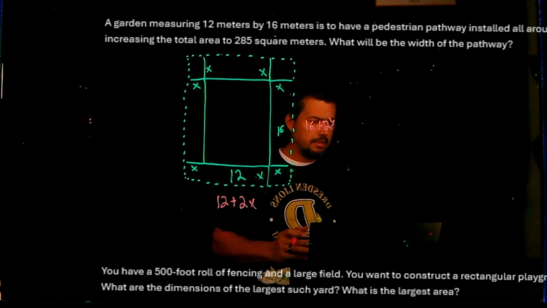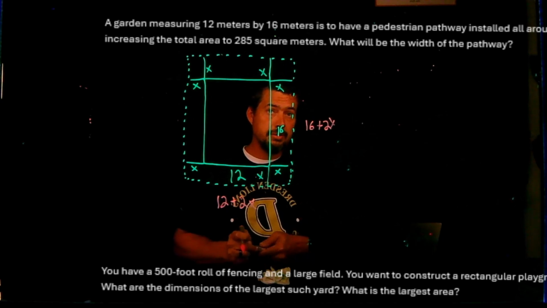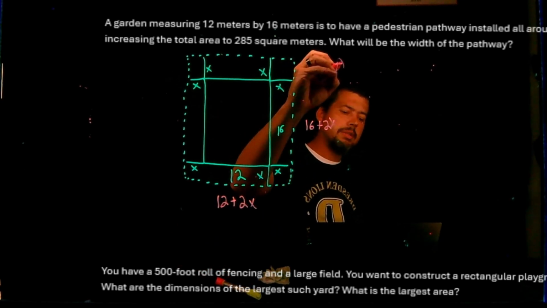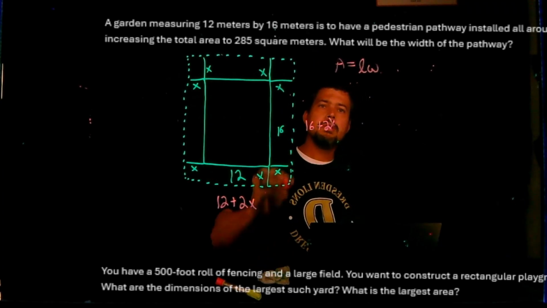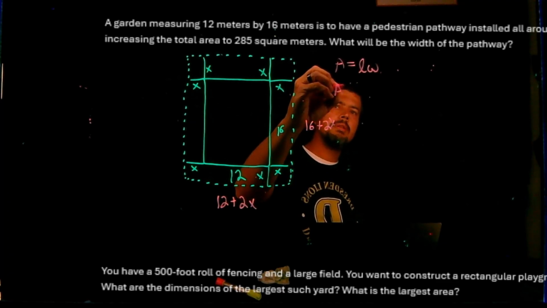Now, this increases the total area to 285 square meters. So this is a rectangle. We should know that the area of a rectangle is length times width. It always will be. So I've got a length of 16 plus 2x.